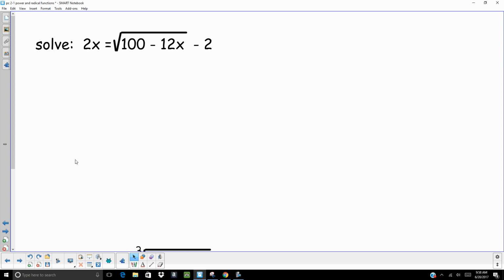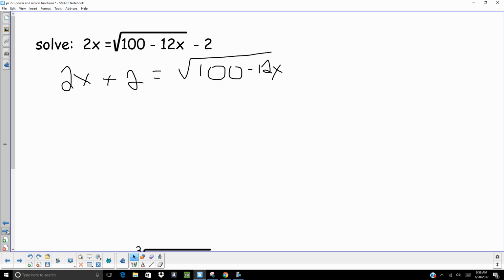All right, on this one, we are going to take a second and solve this one. We have 2x equals radical 100 minus 12x minus 2. Well, what we need to do is get that radical by itself. So I'm going to add 2 to both sides.